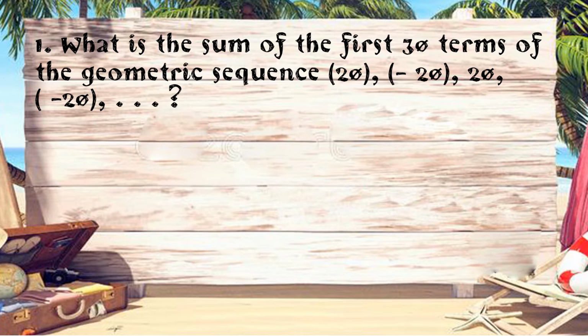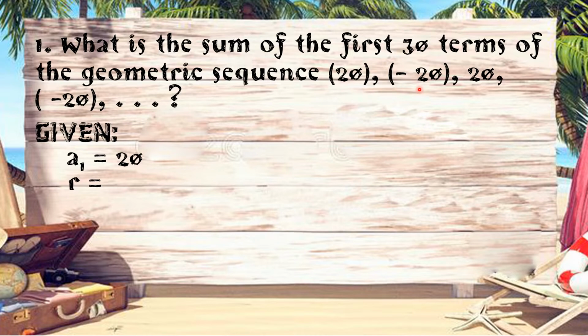Let us have example 1. What is the sum of the first 30 terms of the geometric sequence 20, negative 20, 20, negative 20, and so on hanggang 30th term? Okay, ngayon kunin muna natin yung ating mga given. Okay, what is our first term? Tama, it's 20. How about the ratio?